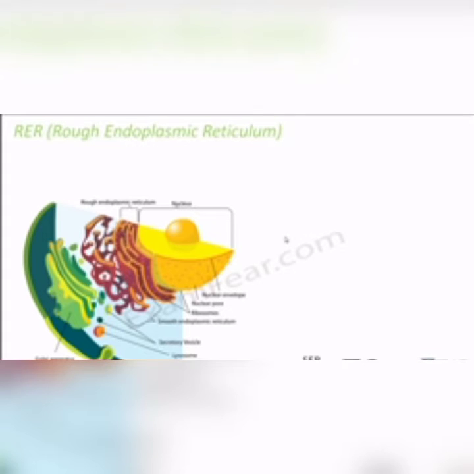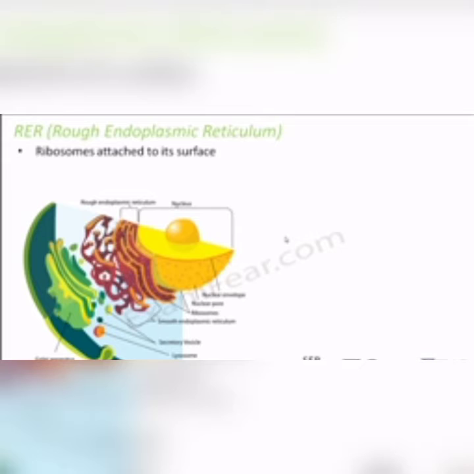So these are those endoplasmic reticulum which have ribosomes attached to their surface. Now ribosomes are structures present inside the cell which are responsible for synthesis of proteins. So ribosomes are extremely important that way. We will discuss ribosomes towards the end of this lesson.